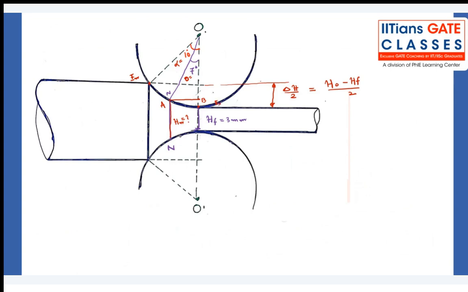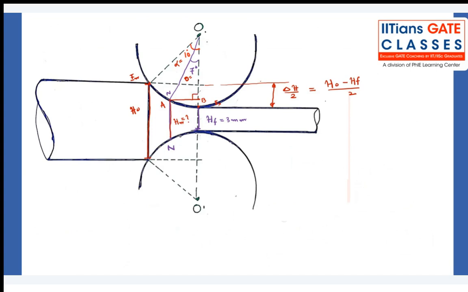Now let us see. This is HF. This distance is H naught, which we don't know. This distance is HF. Now from here, we need to find this one. From triangle OAB, this is a perpendicular.